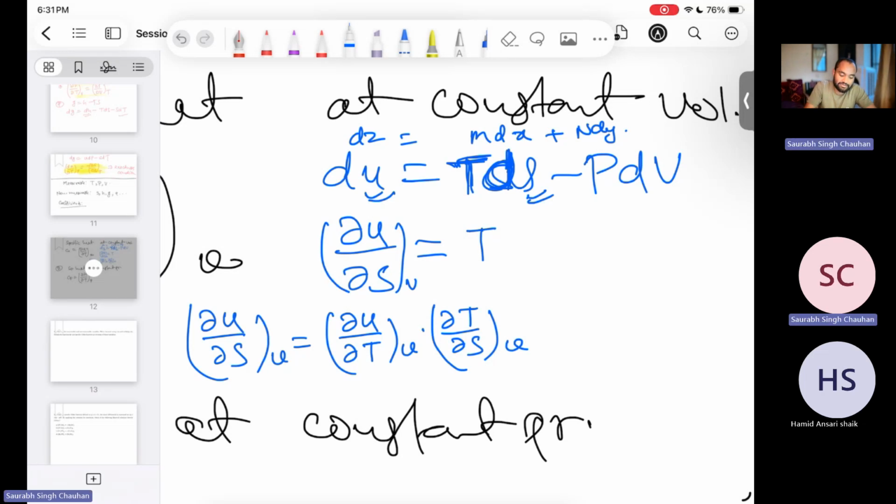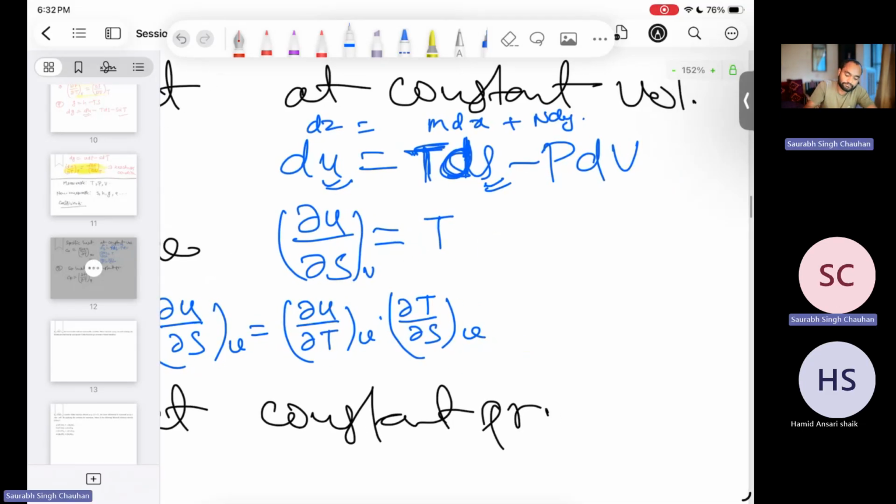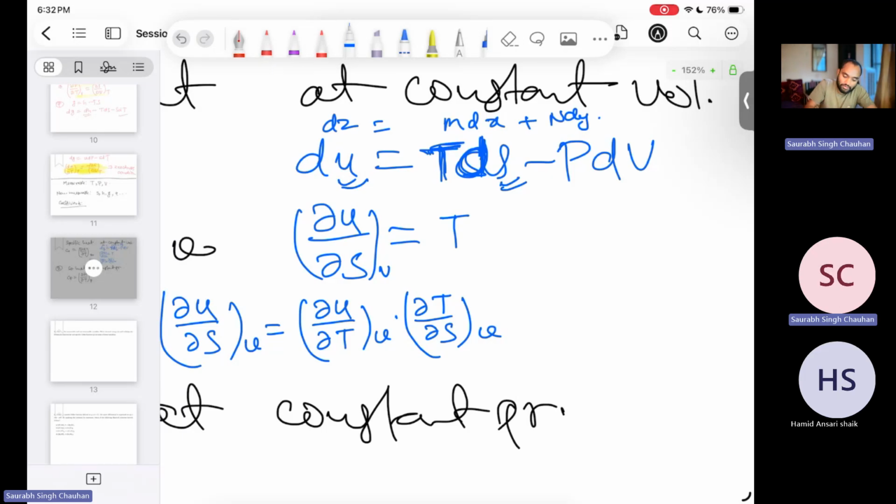Instead of directly differentiating with respect to S, we first differentiated U with respect to T and then differentiated T with respect to S, right? This is correct. Yes, sir. And this thing was equal to T.